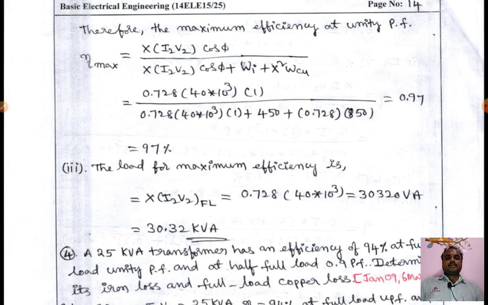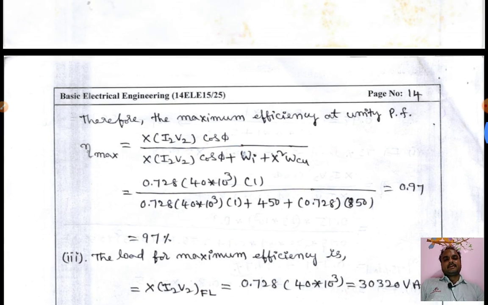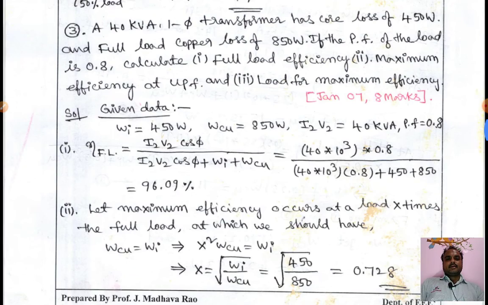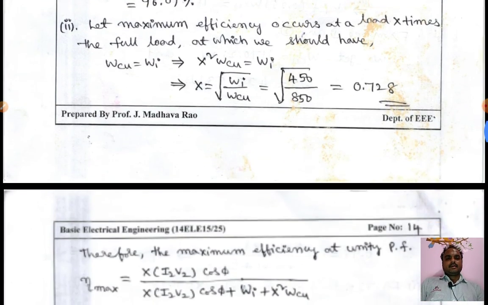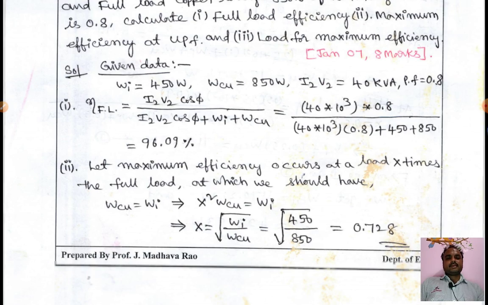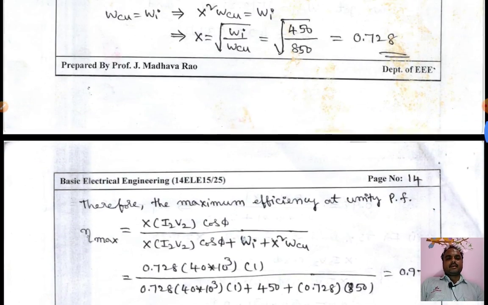Substitute all values and we will get this one. Maximum efficiency is 0.97 you will get, right? So maximum efficiency is different and full load efficiency is different, right?